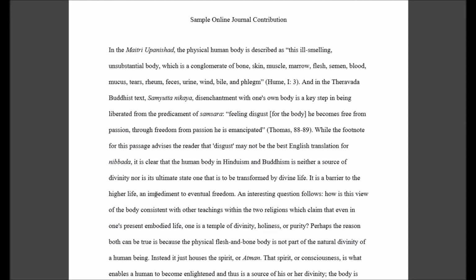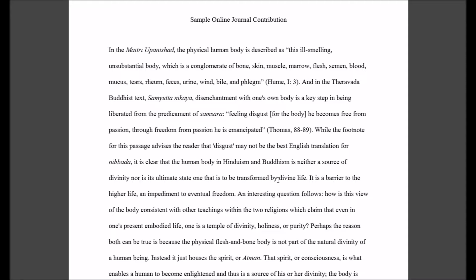It is that the body's ultimate state, in other words, what is it becoming in the process of this freedom from passion, of this process of liberation? What is it becoming? What will happen to the body? Its ultimate state is one that, nor is its ultimate state one that is to be transformed by divine life.